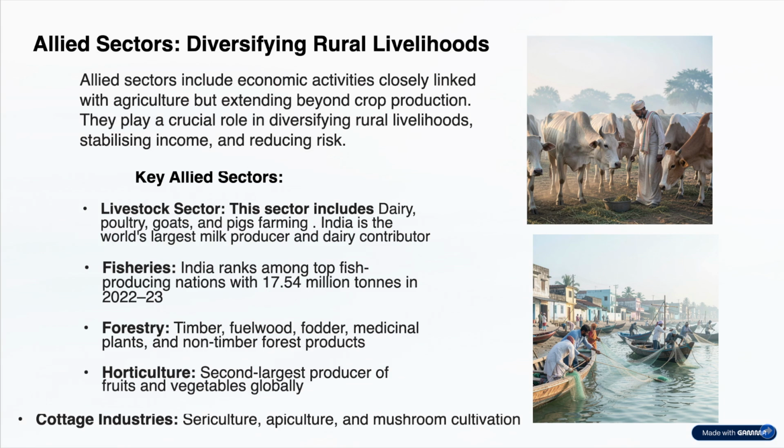So this allied sector includes the livestock sector, which basically includes dairy, poultry, goats and pigs, then fisheries and aquaculture, forestry and agroforestry, horticulture, sericulture, apiculture, and mushroom cultivation.